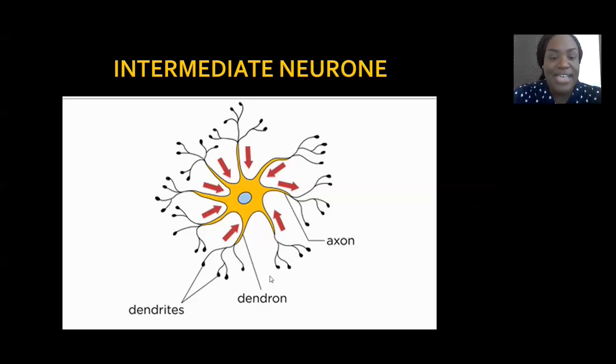Why is the axon very thin? Good question, LaShawn. The axon is thin because you really want rapid, quick responses, right? That's what our nervous system does. We don't want to take an entire week just to make one movement or react to anything in our environment. So these impulses travel very quickly, and the reactions happen very quickly.